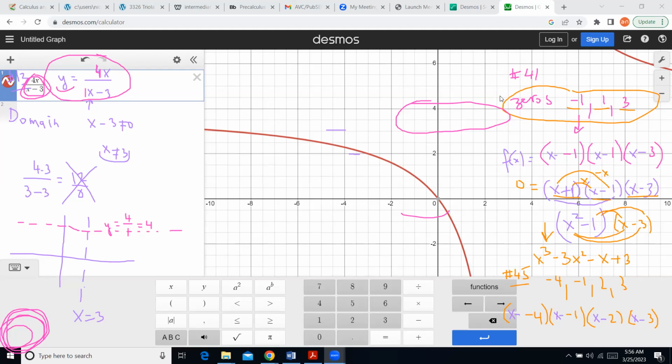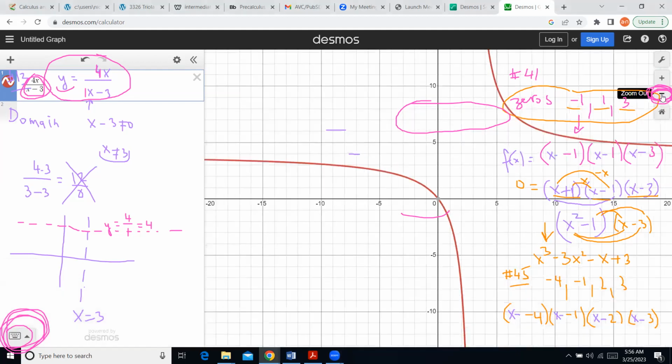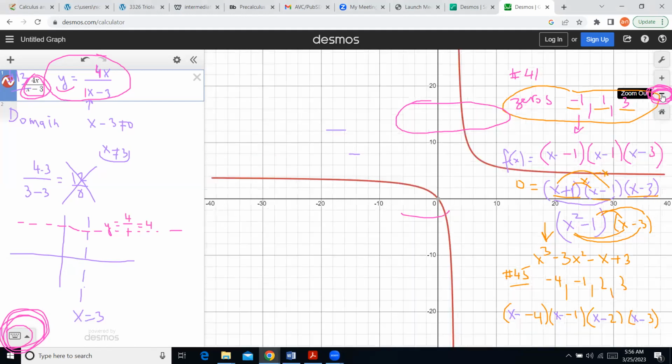And in order to see it a little bit better, it looks like I need to click on that minus here, in other words, to zoom out. And when I zoom out once or twice, then you can start to see the graph that actually does have these same asymptotes, the horizontal and the vertical one.